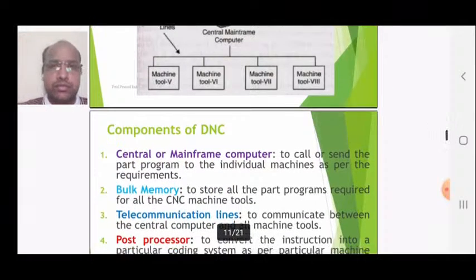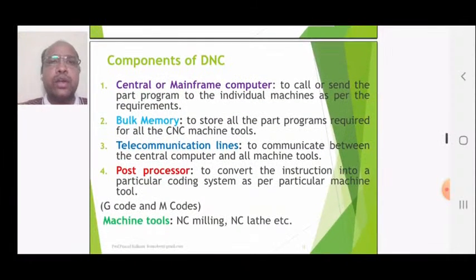Components of DNC systems, that we will see one by one now. Central or mainframe computer, as I told you, to call or send part programs to individual machines as per the requirements. Bulk memory storage, to store all part programs required for all CNC machine tools.